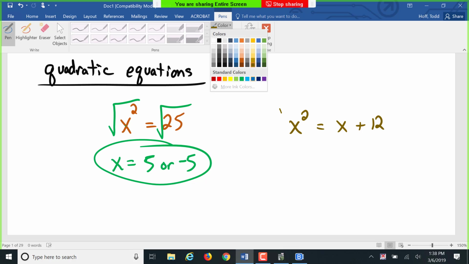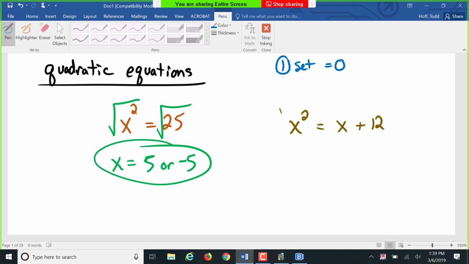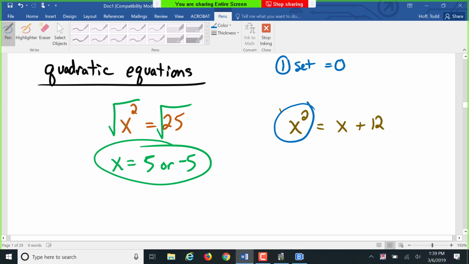So what I have to do to solve a quadratic equation like that is, the first thing is I have to set it equal to 0. The way I do that is I move everything to one side of the equation. I usually want the x squared to be positive. Since it's positive here, I'm going to move everything over to that side.